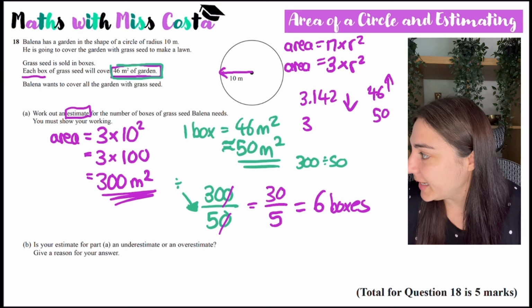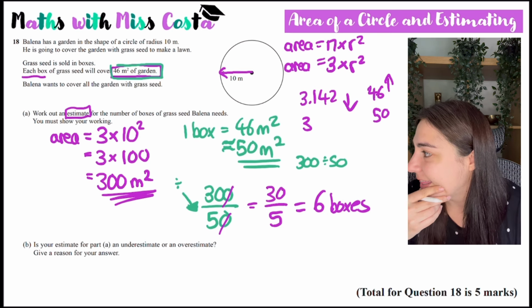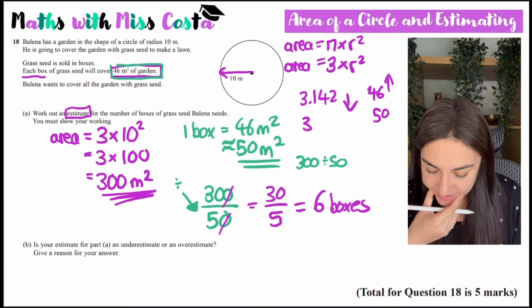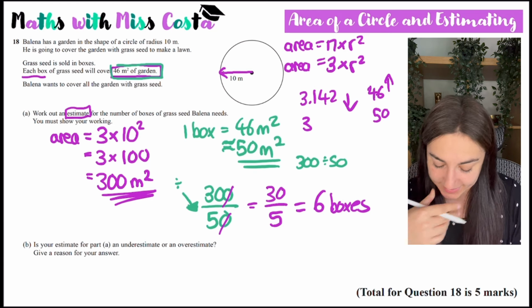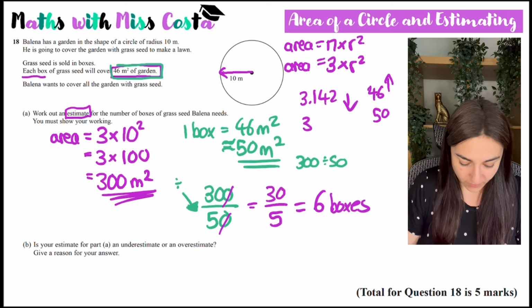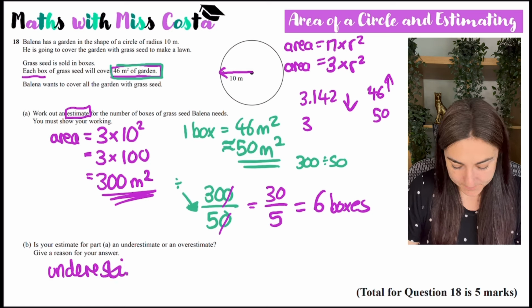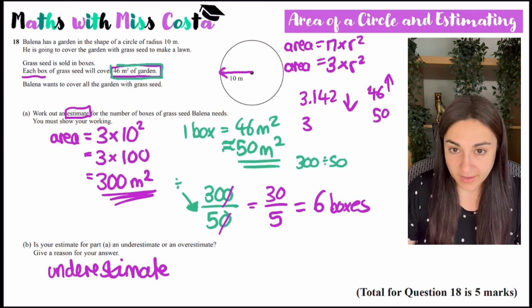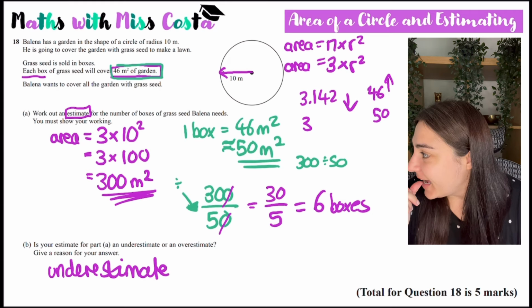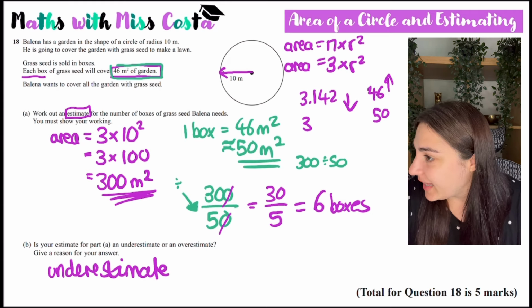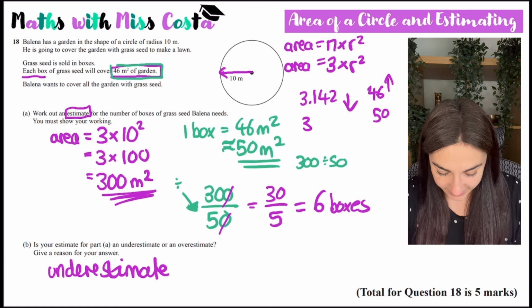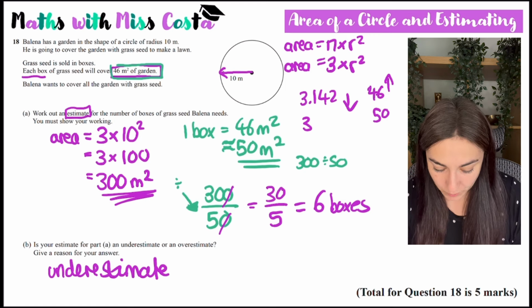So generally, with a question like this, I would say that I rounded the amount of grass seed up by quite a lot. So I would say that it is an underestimate, as the area is actually technically greater, so you could need more boxes.